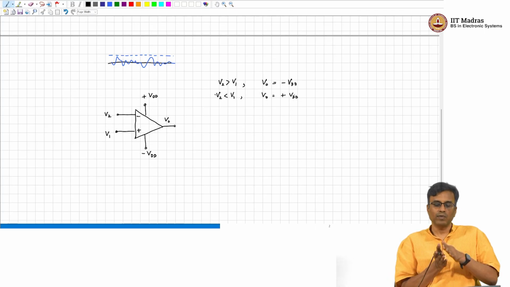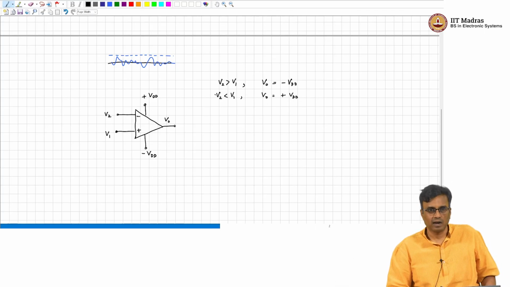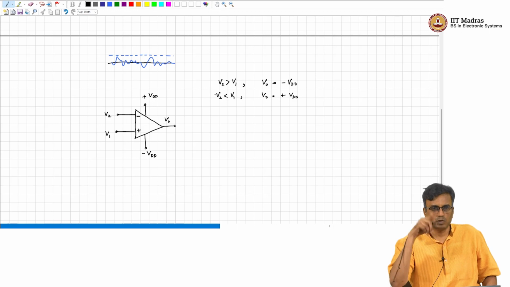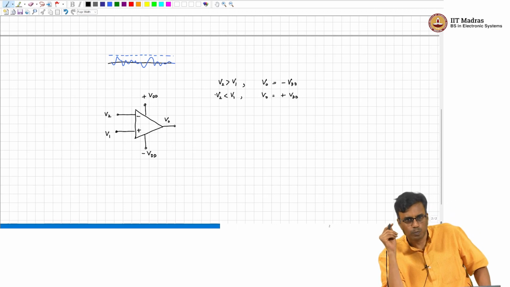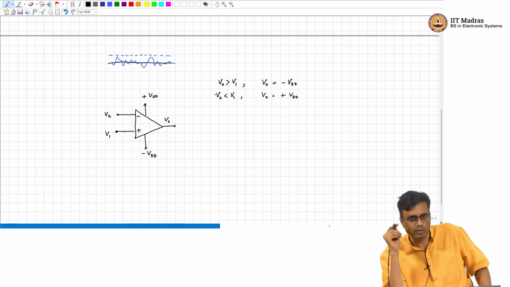Now, when V1 and V2 are close to each other, then we have this potential for chatter in the output, because the difference is very small.